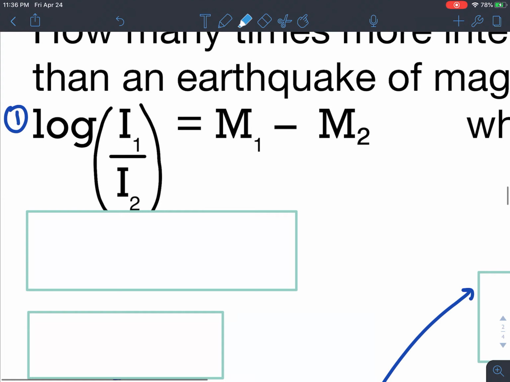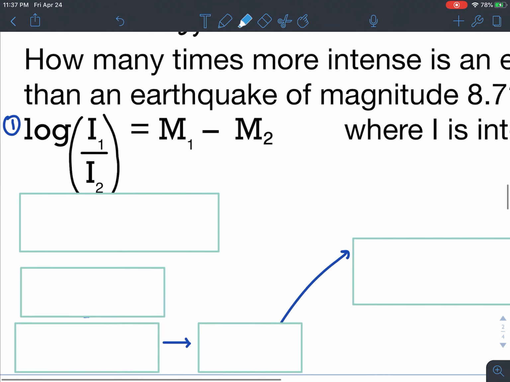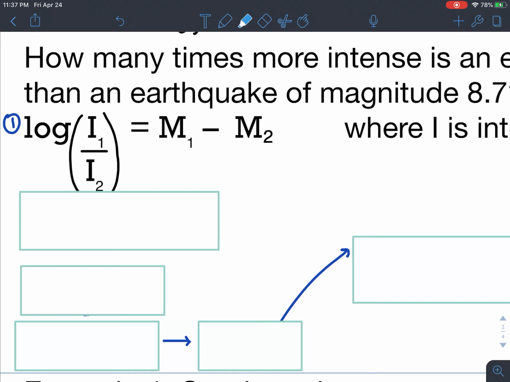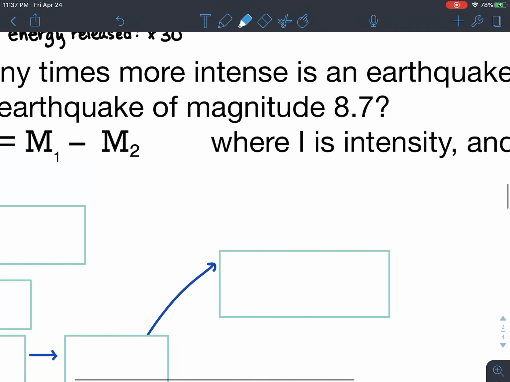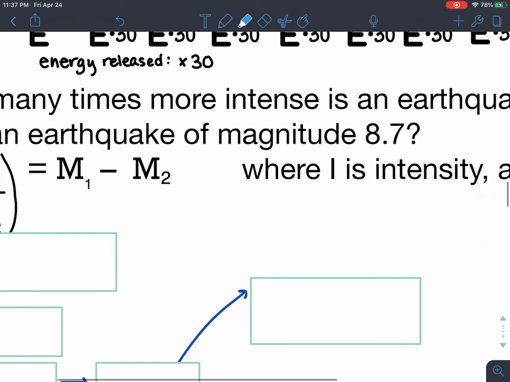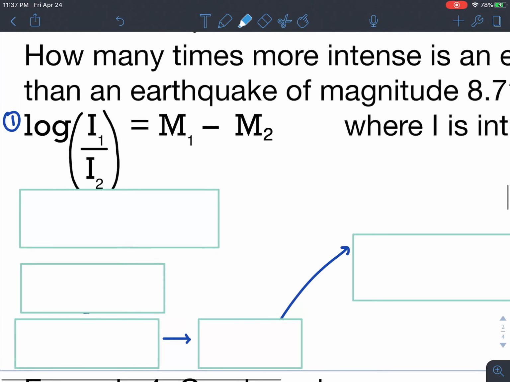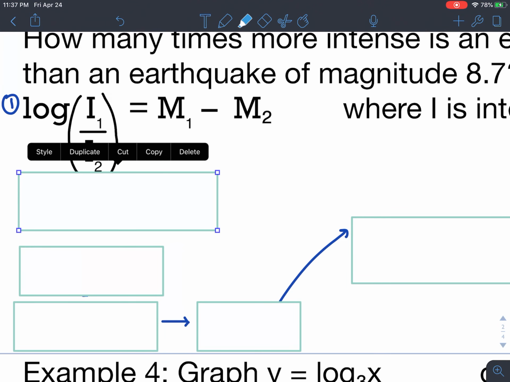The log of the intensity of one earthquake over the intensity of another earthquake is equal to the magnitude of the first earthquake minus the magnitude of the second earthquake. This formula will also make more sense in future sections when you learn more about logs. So which one happened first? I don't know, but it's just easier to say that the bigger one is the first earthquake.